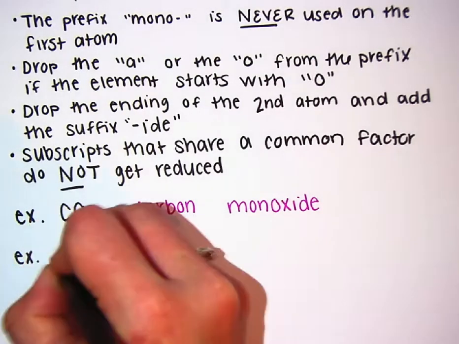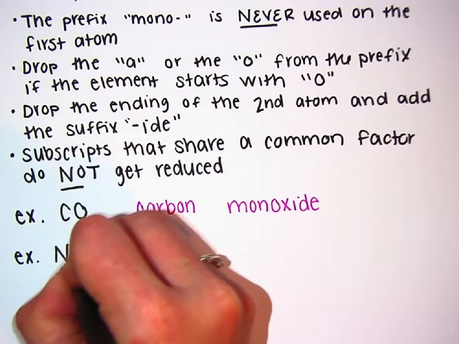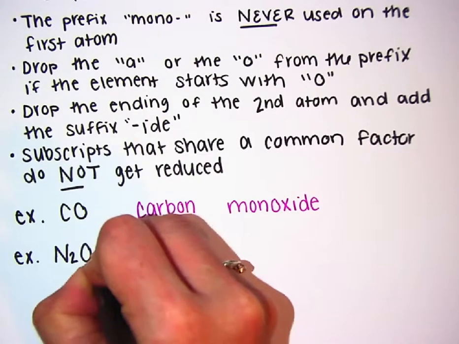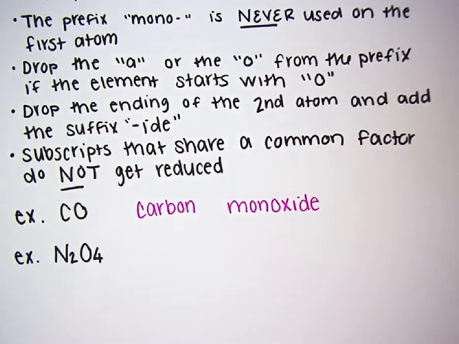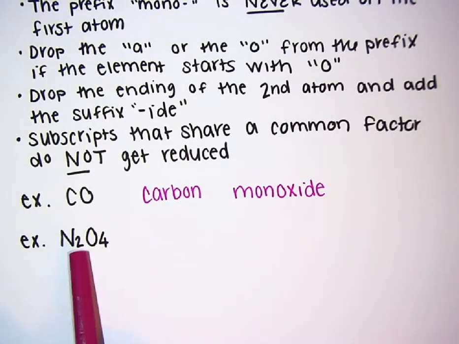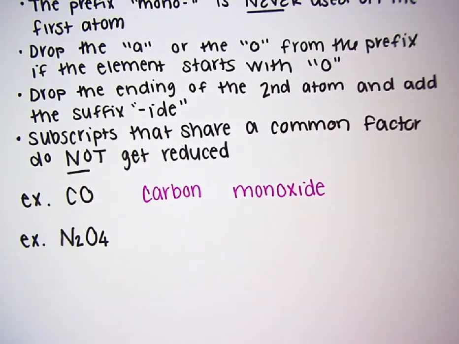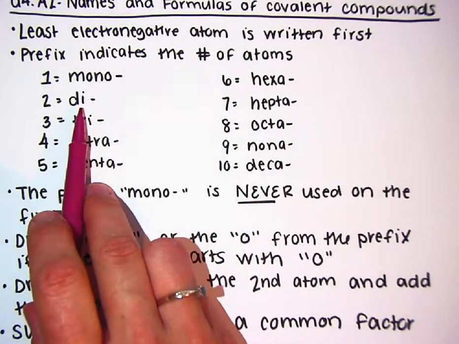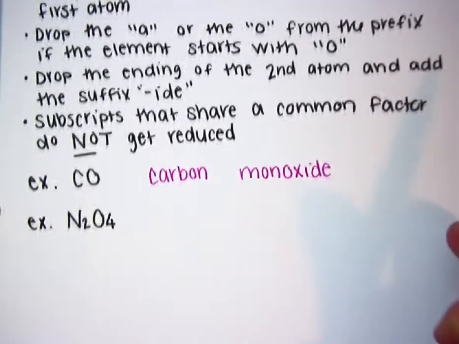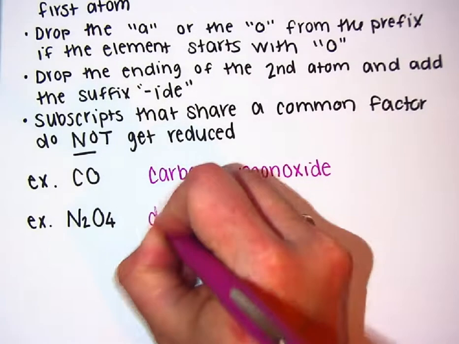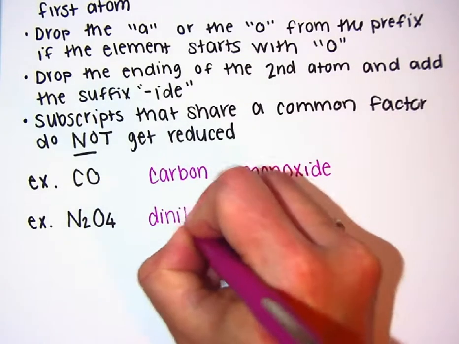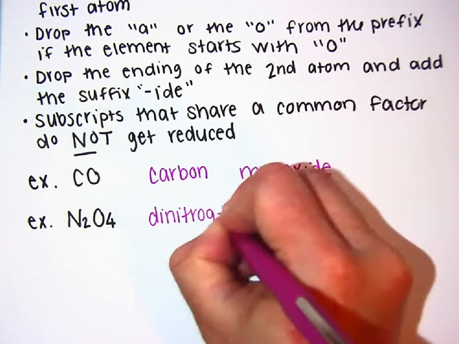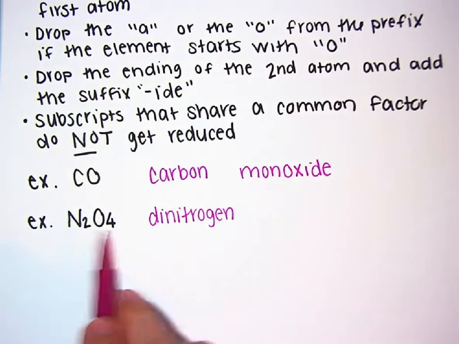Example number 2. Let's say I had N2O4. The only time that I do not use a prefix is when it is one of the first atom. Now I have 2 nitrogens, so I need a prefix. My prefix for 2 is di. So this would be dinitrogen. I have 4 oxygens.